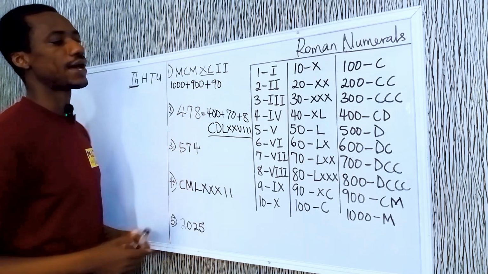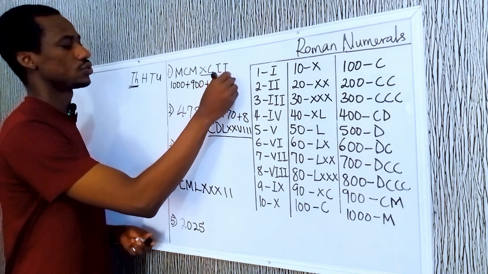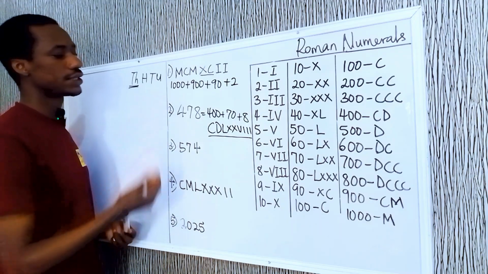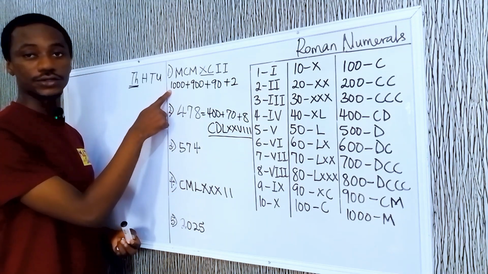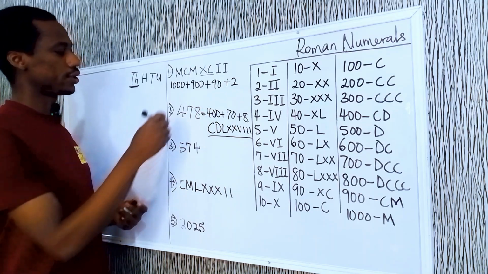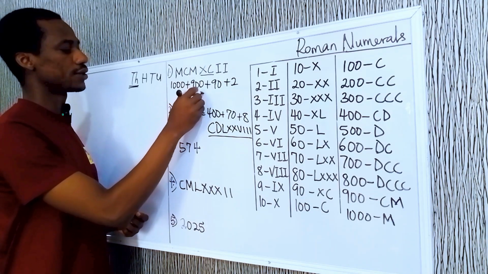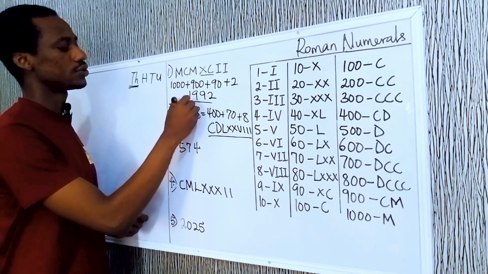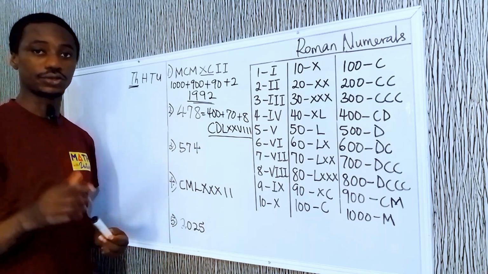And then II is 2. So we've written the number in expanded form. So this is 1992, and that is the answer to the number 1.